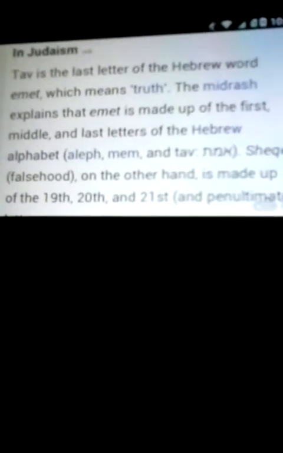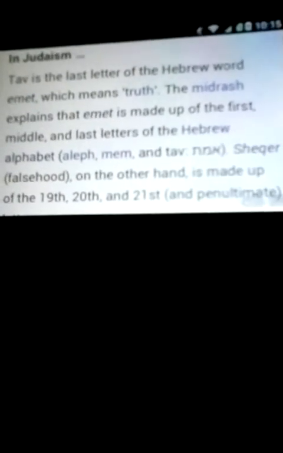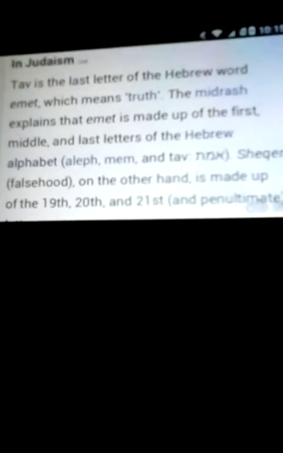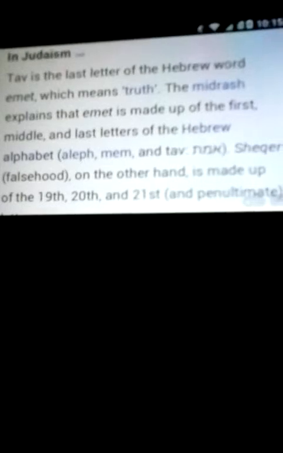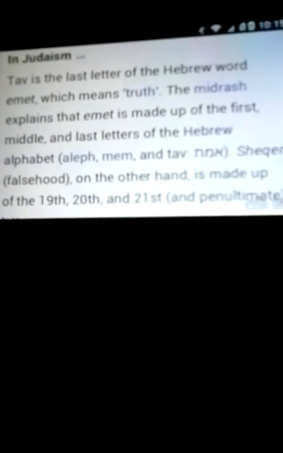The word good found in Genesis chapter 1, verse 4, which is the Hebrew word tov, T-O-V. Straight out. The last word that God says. And it was good. And God saw that it was good.